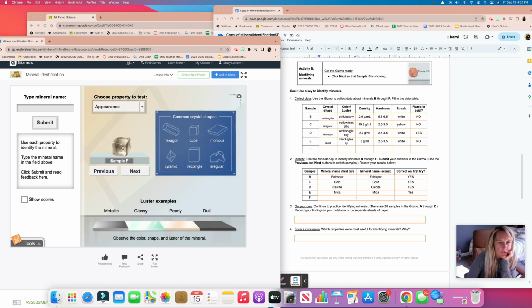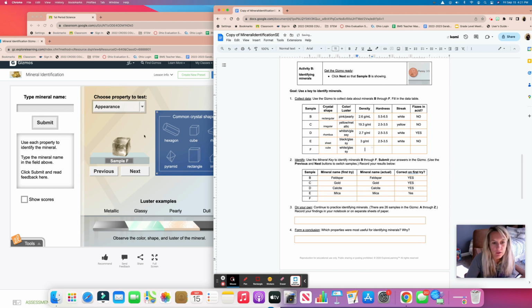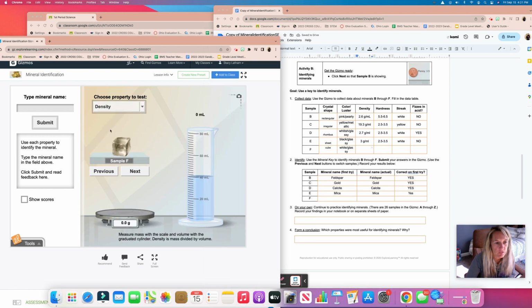All right, so F is pretty cube-like. You kind of see it's pretty cube-like, so I would say it's a cube. And it's also not metallic, so I would say that this is white and kind of glassy. So you would say it's cube crystal shape, and white slash glassy. All right, next one, we're going to check the density.